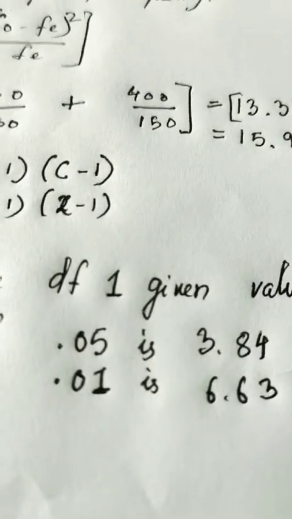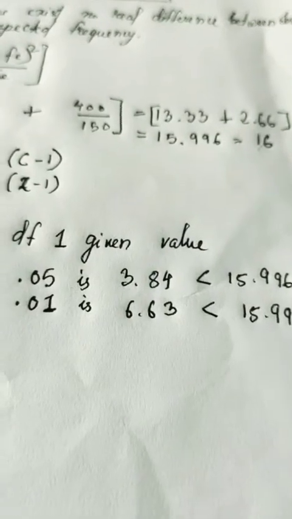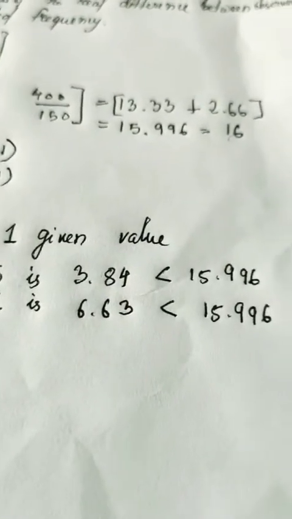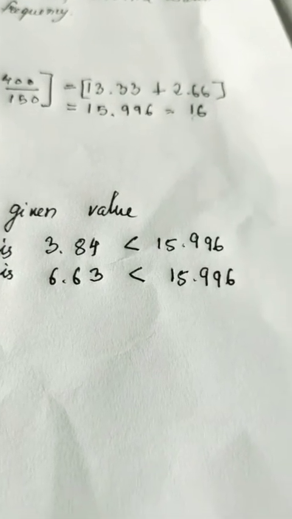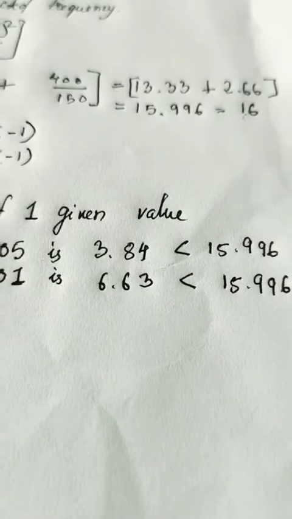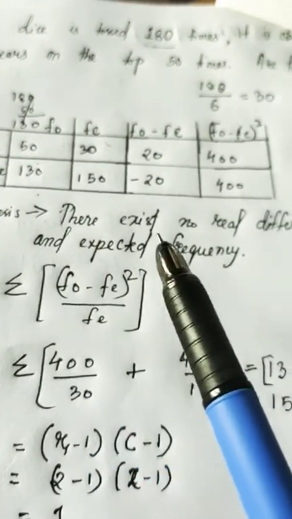So what it means is that because the value is much greater, there is a significant difference between the observed frequency and the expected frequency. Here the null hypothesis was that we have assumed that there exists no real difference.